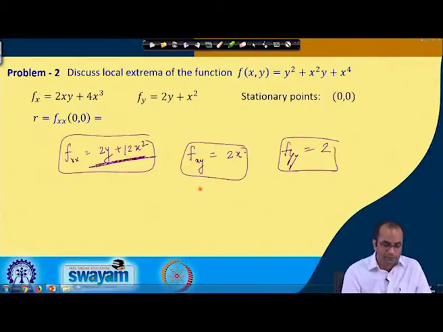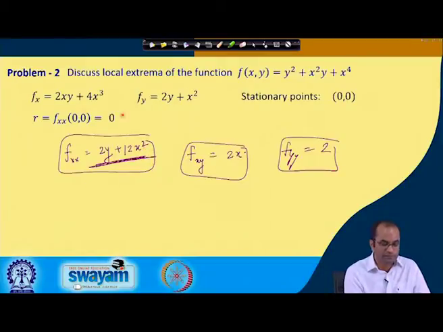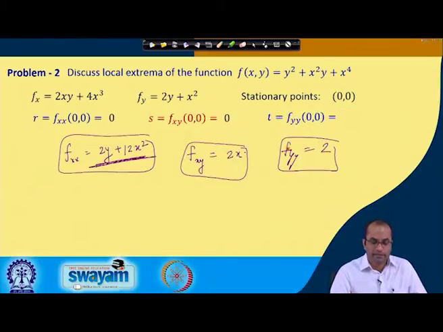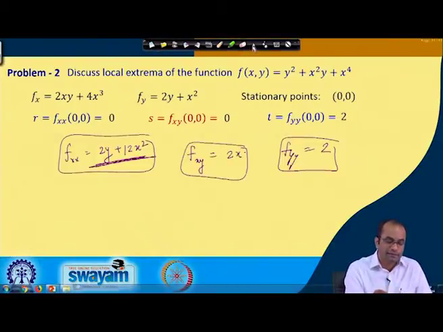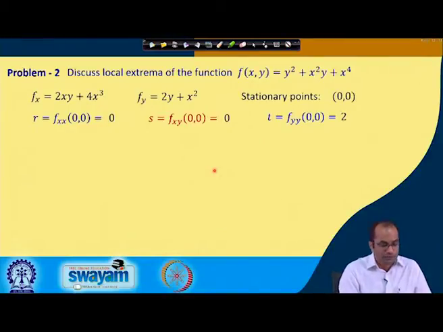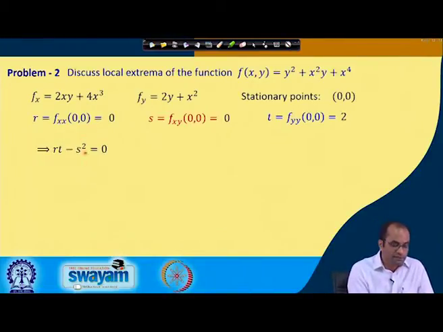Now if we compute this r at (0, 0) point, this will be 0. The s, the mixed order partial derivative at (0, 0) point, will also be 0 because x is sitting here. And at this point f_yy, this is 2, there is no x and y term. So, what we have is rt minus s square, we need to compute rt minus s square.